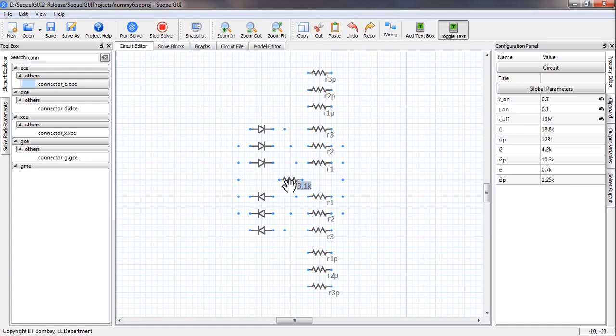Okay, so this is what we have got now. We have also brought in this R0 and assigned 3.1K to that. In addition, we have got this R1 prime, R2 prime, and R3 prime as well on both sides, up as well as down. And now we can do the wiring. And so on.